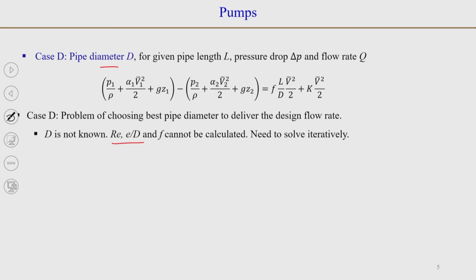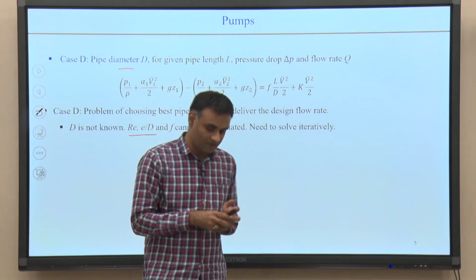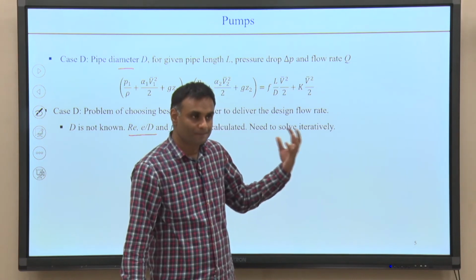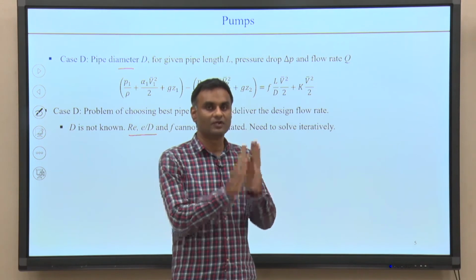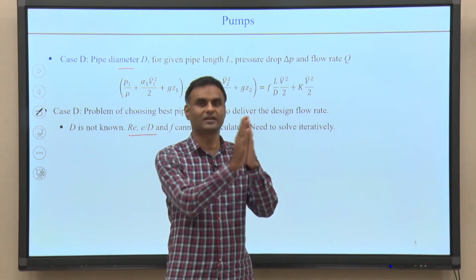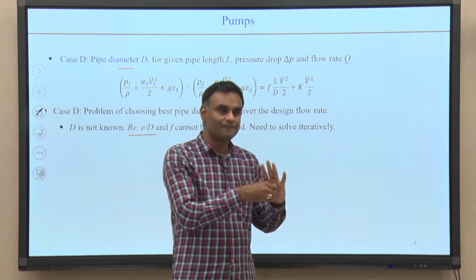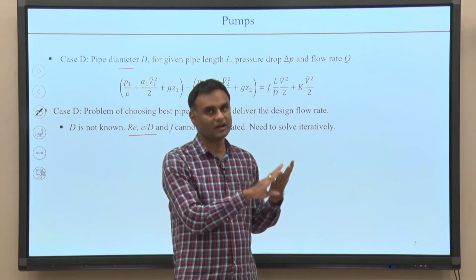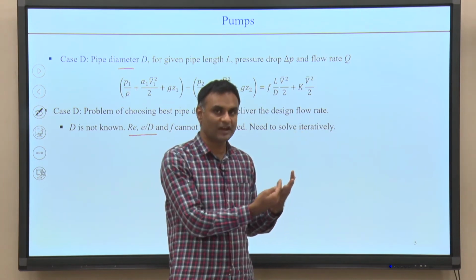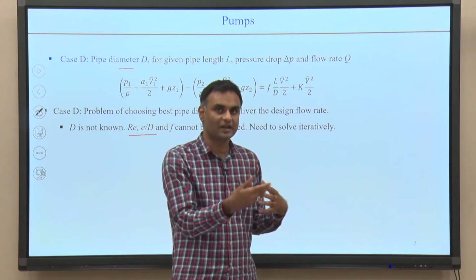We will need to assume a value of f to start with, and then we will need to calculate the diameter. Once we get the new diameter, we will calculate the Reynolds number and find the value of f. Once we find the new value of f, we again calculate the diameter until we get convergence, that the same value of f is coming as a solution that we started with, and the same value of diameter.